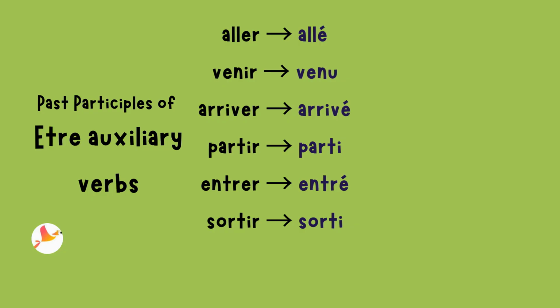If there is a need to learn the verbs from the Dr. Mrs. Vandertramp list, then the need to learn the past participle of these verbs exists as well. So here are the past participles of the verbs which use être as the auxiliary. Aller becomes allé, venir becomes venu, arriver, arrivé, partir, parti, entrer, entré, sortir, sorti.